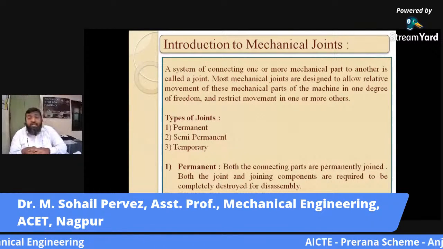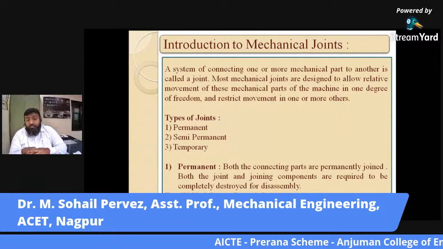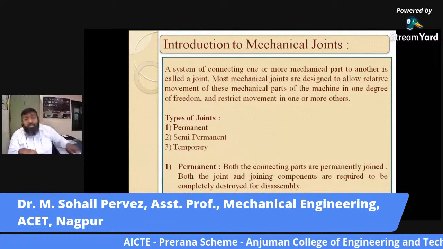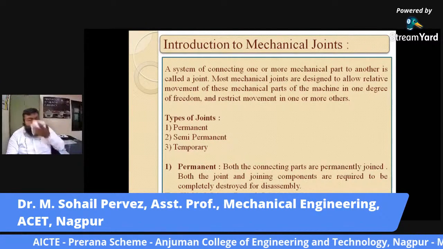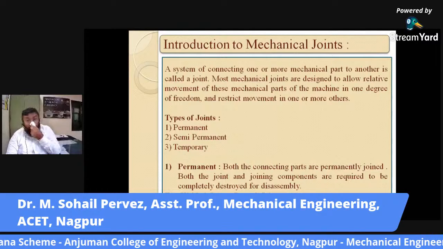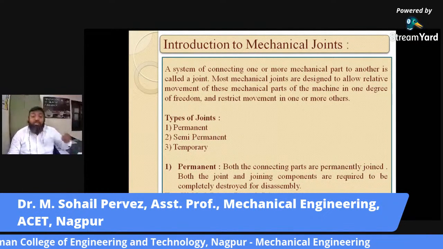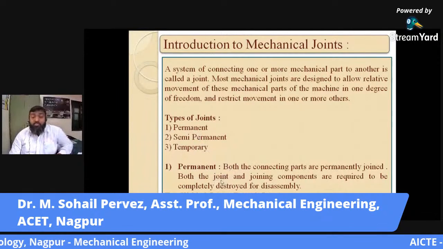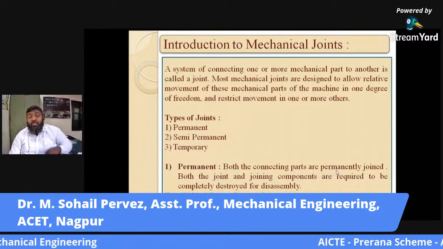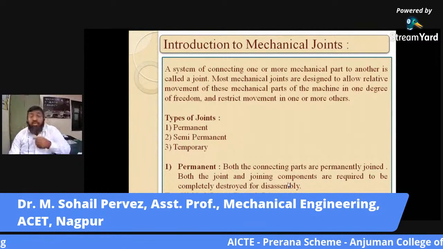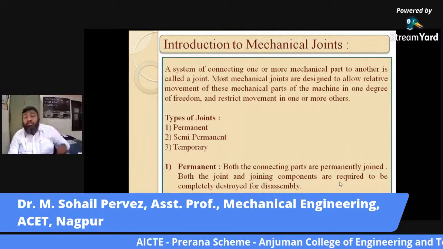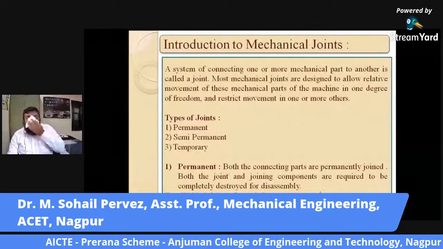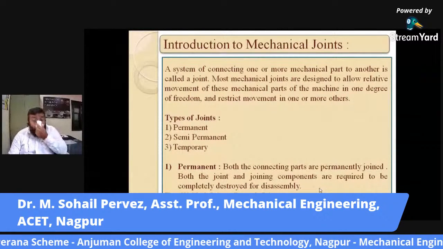Number one is permanent joint. Number two is semi-permanent joint. And number three are temporary joints. When we say permanent joint, both the connecting parts are permanently joined. Both the joining element and the joined components are required to be completely destroyed for disassembling.